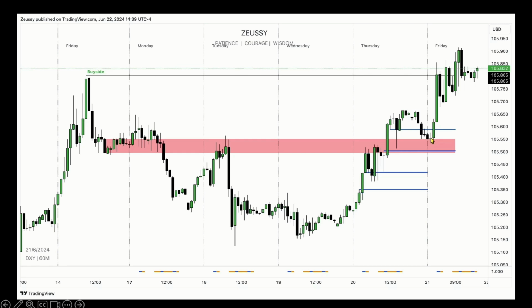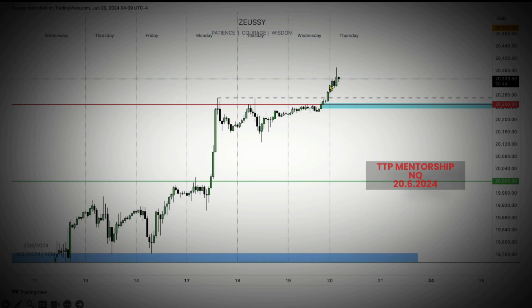Let us take a look at another example of last week in which a low resistance liquidity run was anticipated. Right now, I'm wanting to see whether or not we will manage to stay above these highs. If we would displace below this BC right here, then that could be a warning sign of a high of week potentially being in. But again, I'm not trying to capture a high.